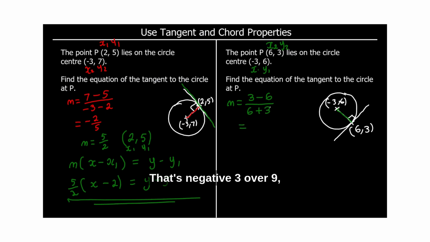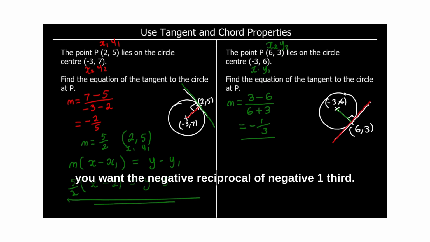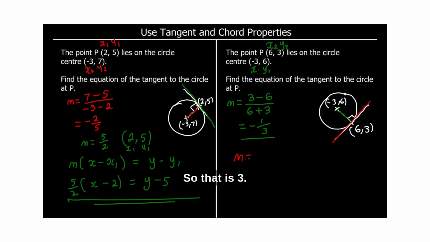That's -3 over 9, or -1/3. So for the tangent, you want the negative reciprocal of -1/3. So that is 3. And you know you've got the point (6, 3) on the tangent.